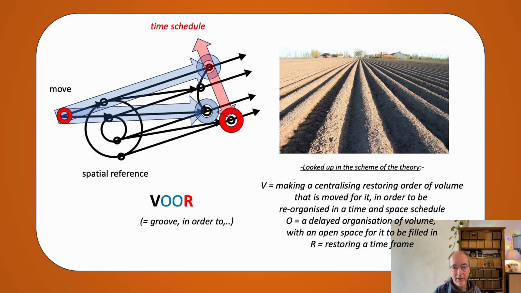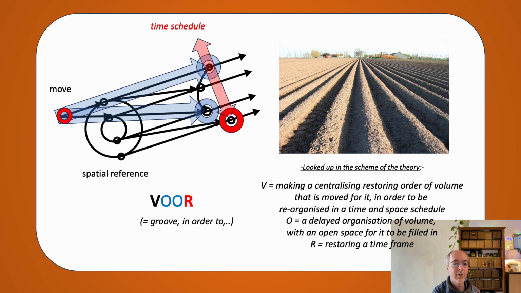Because the V is the move towards this change in the space. We make a centralizing order with our volume. We move it, in order that we can reorganize it in time and space. That's something you can read in my book in the schedule. You can read what the V is. Okay, it's there in the system.